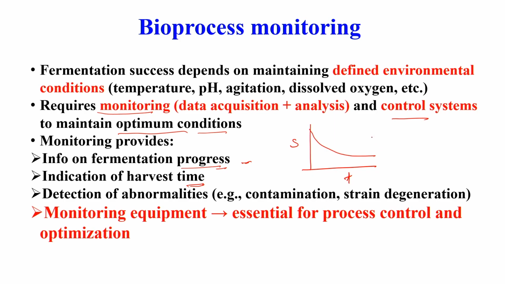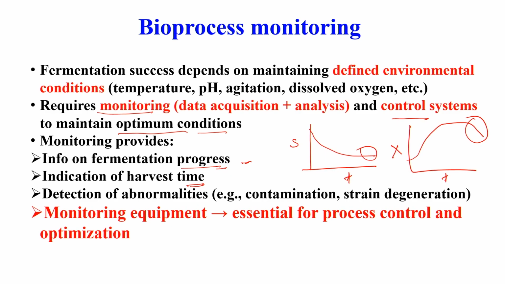When biomass, let us say you are having T versus X, when biomass has entered the death phase, you should know this, which is an indication of harvest, or the substrate concentration has reached 0, which means there are no further bioprocessing or biochemical reactions ongoing.